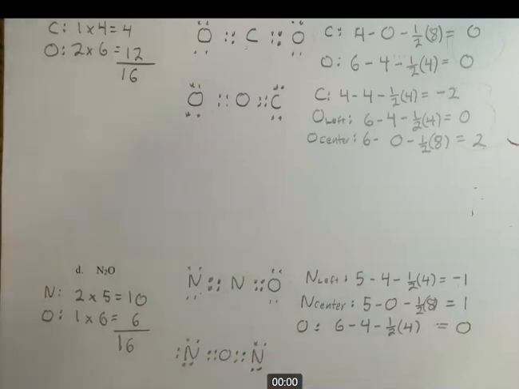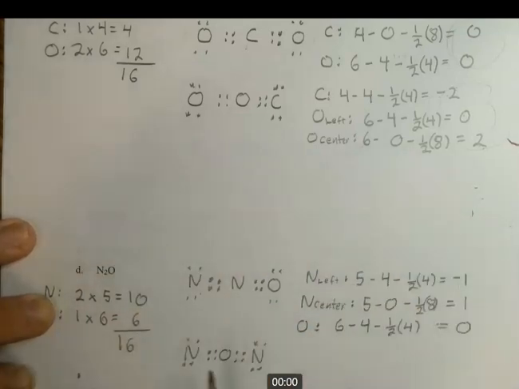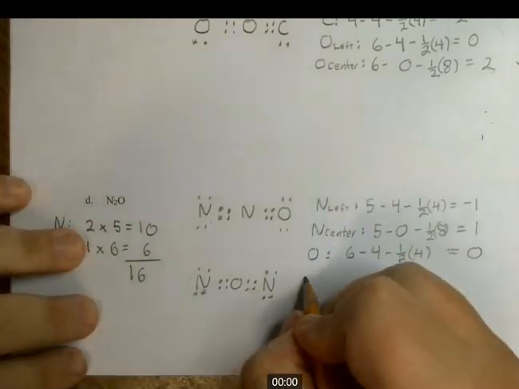Okay, again, same configuration of electrons. Since the ends are identical, they're just symmetrical to each other. They both have 4 non-bonding electrons and 4 bonding, each of them do. We only have to compute N one time. So let's do that.